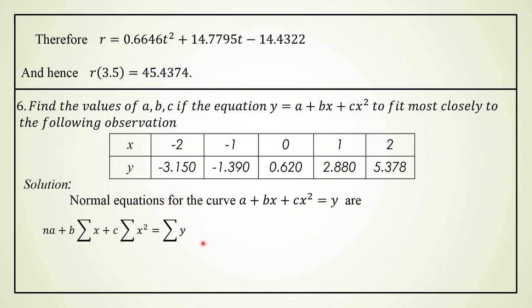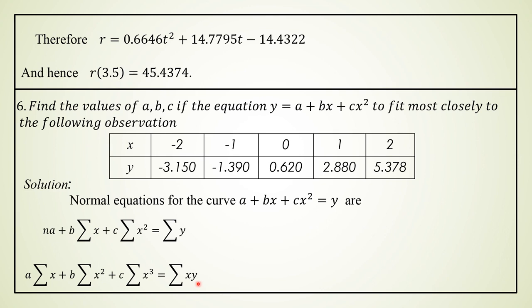The second normal equation is obtained by multiplying x throughout and then taking the summation. So you have a into summation x plus b into summation x square plus c into summation x cube, that is equal to summation of x into y.